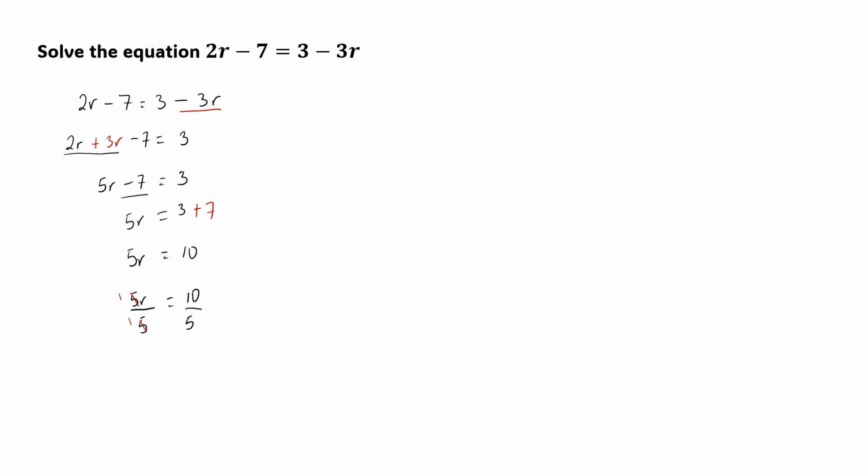And since we have 1r left, which means the exact same thing as r, we'll just write our r back. And now we're going to continue with our division, and we'll divide 5 into itself once. 5 will divide into 10 twice, which means that my r for this equation is equal to 2.